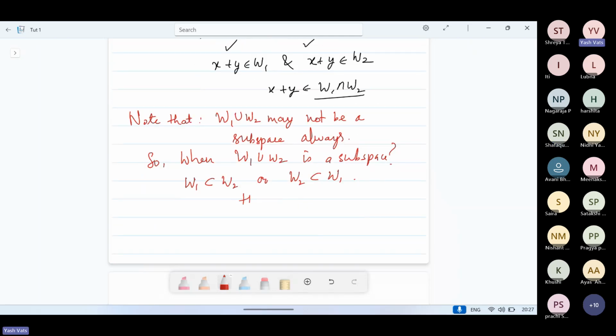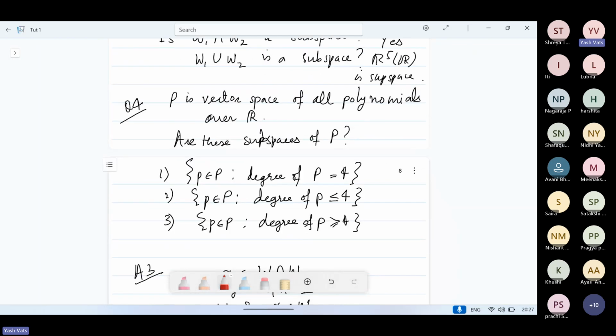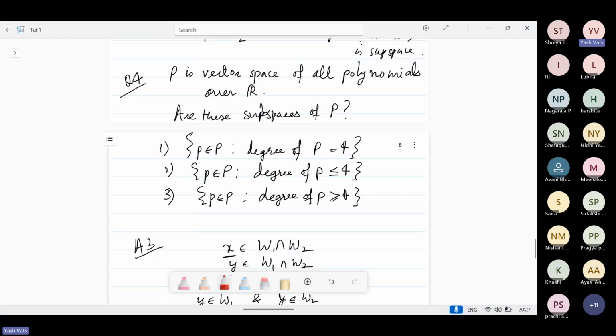Then it's a subspace. Okay. Yes. So in this case, it is a subspace, but it may not always be the case. It depends on the condition of one containing another one, right?